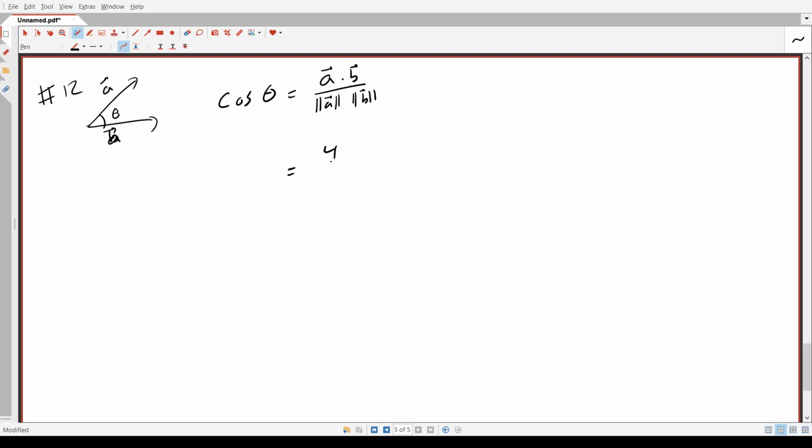This is going to be 4 over 2 times 3, which is just 2 over 3. And I'm done. Right, so the angle between these two vectors is whatever the arc cosine of 2/3 is.